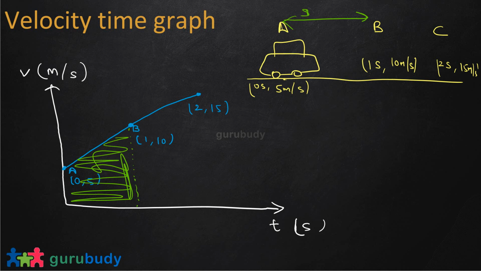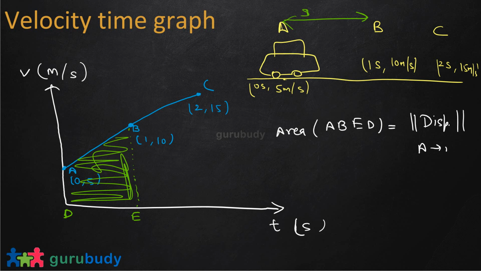Let's say this is D and this is E. So the area would be the area of A, B, E, D. And this was C, just so we don't forget it. The area would be your magnitude of displacement, and that would be the displacement of the car as it goes from A to B.